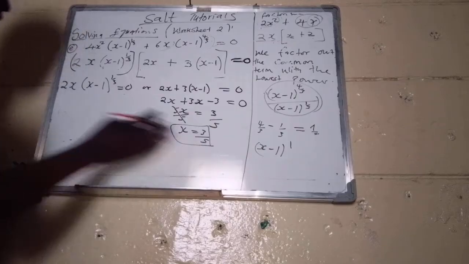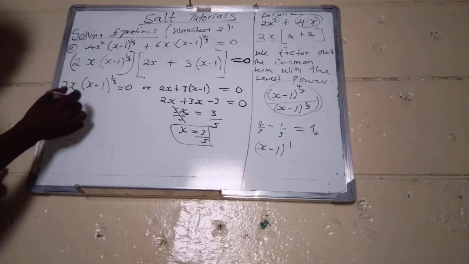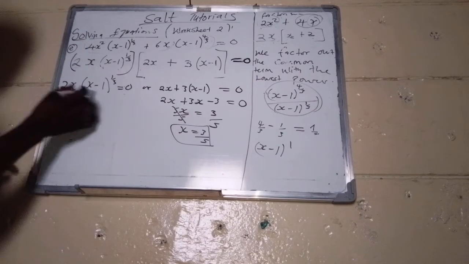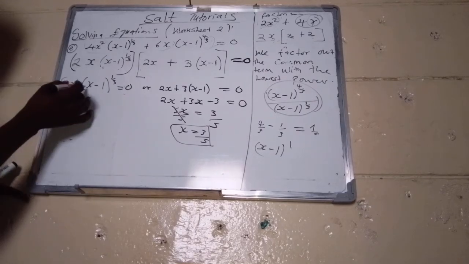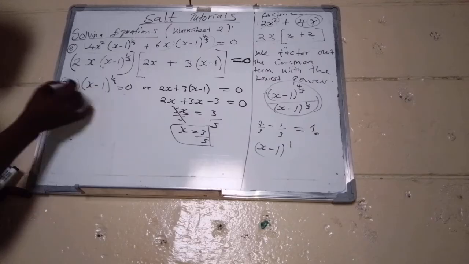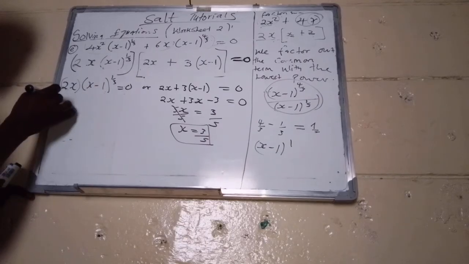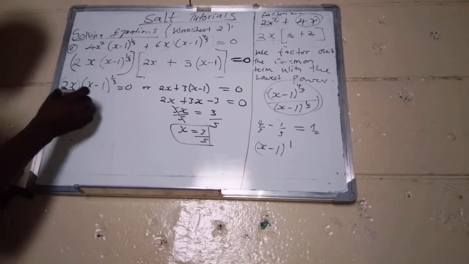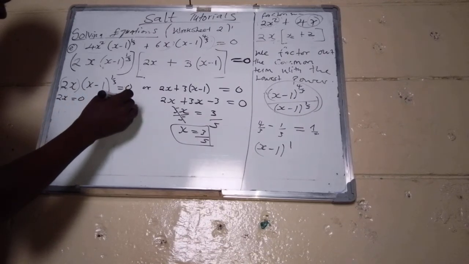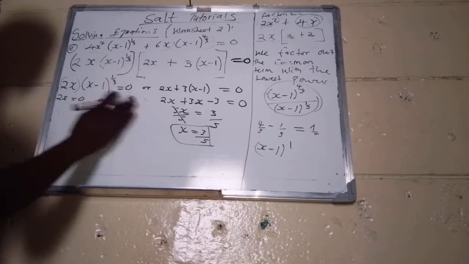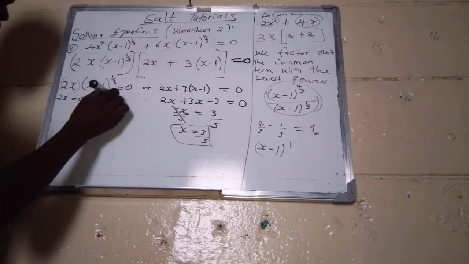Again, there's an understanding whereby we can simply call these two factors. 2x multiplied by this. So these are two factors again. So we can still break this down to say this is 2x equal to 0, or this is (x minus 1)^(1/3) is equal to 0. This is another way.